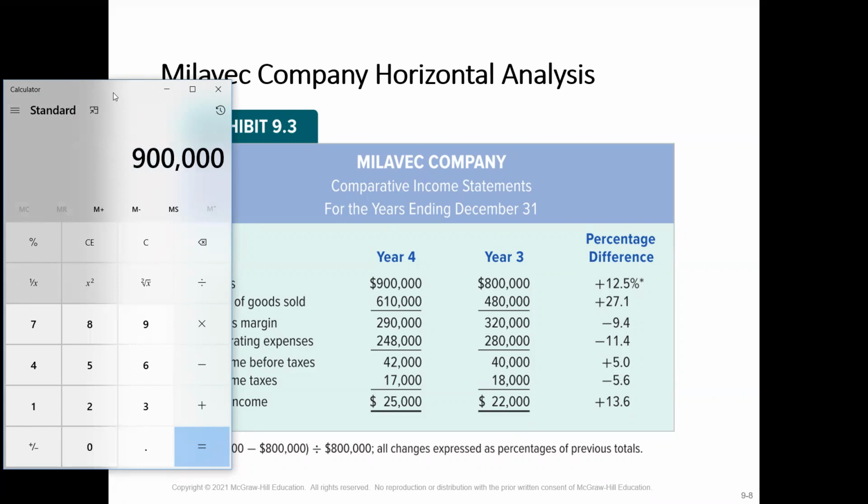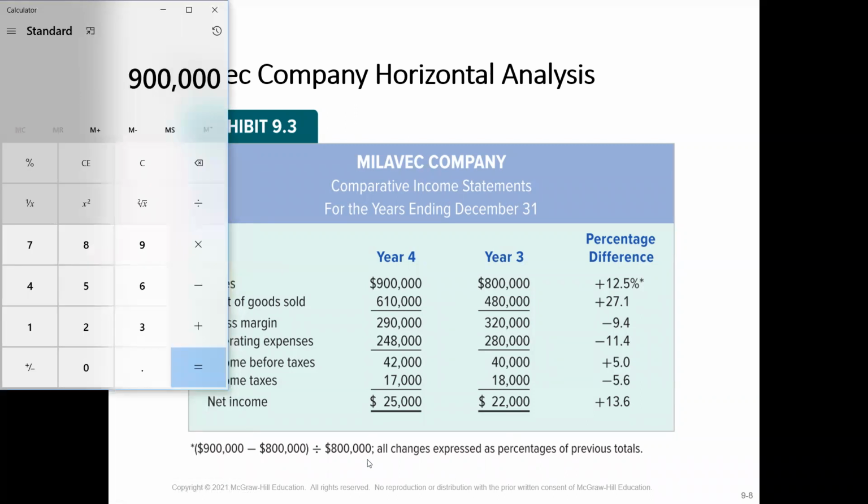You can use the approach that is employed by the slides here, and that is to take the year being analyzed minus the benchmark year, divide that quantity by the benchmark year. Another option is to take the current year, divide by the prior year, and subtract 100% and express as a percentage. A different way to get you to the same place.